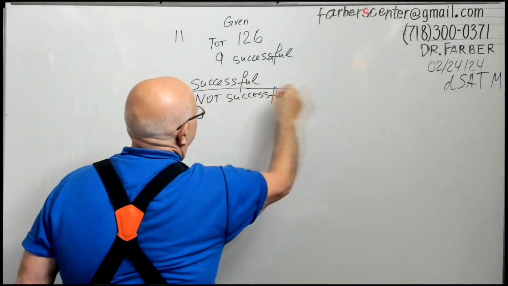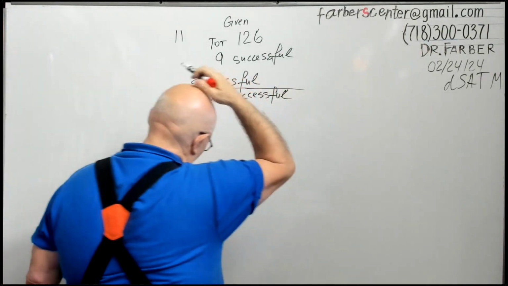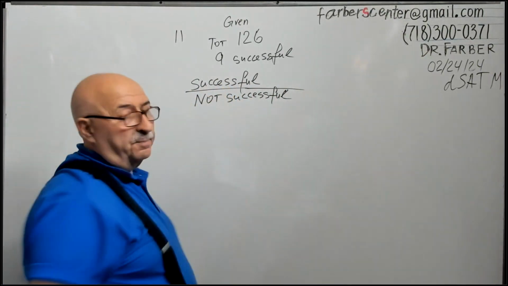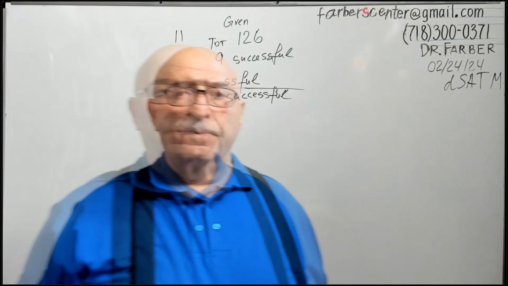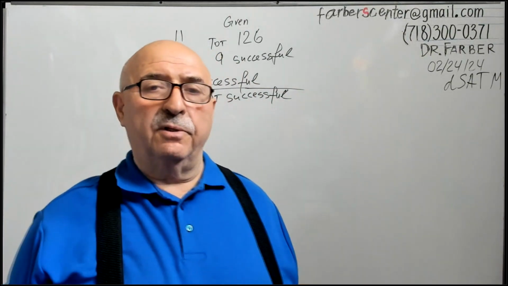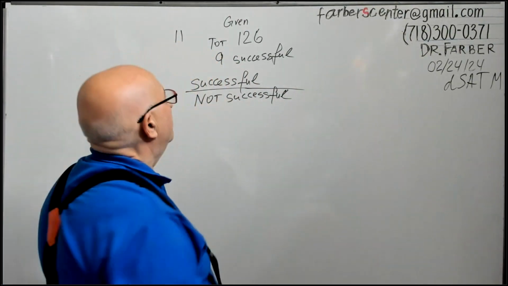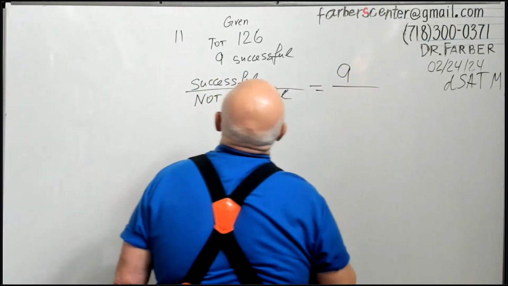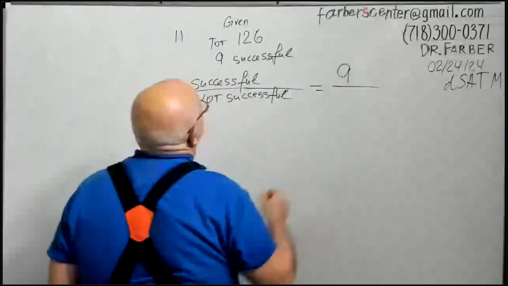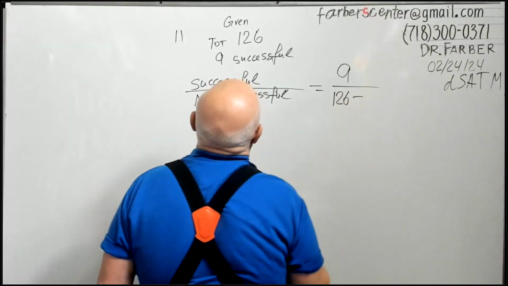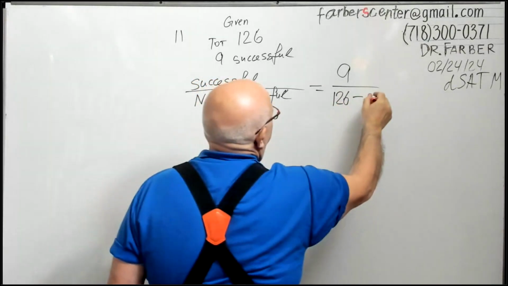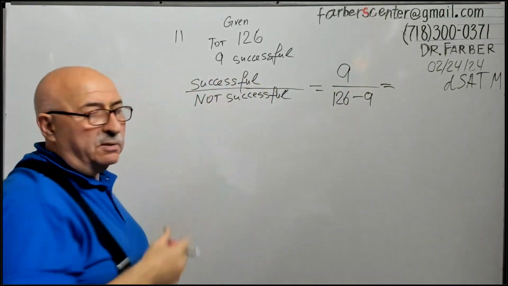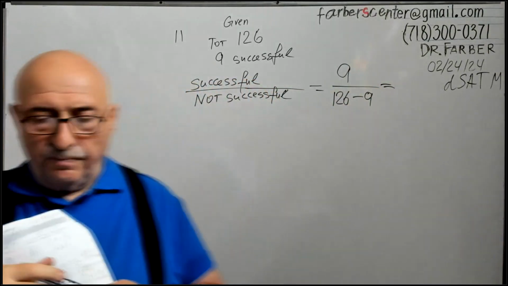Students, all these questions are based on material starting from 5th grade. To not make mistakes, always write your target. After that you never make mistakes in this. Now look at this. Successful is 9. Since there are 126, you subtract the number of successful, and you get the number of not successful. That's it. Just subtract, find the ratio.